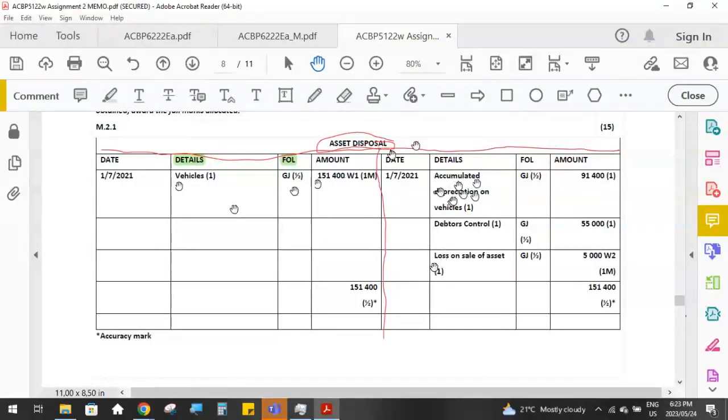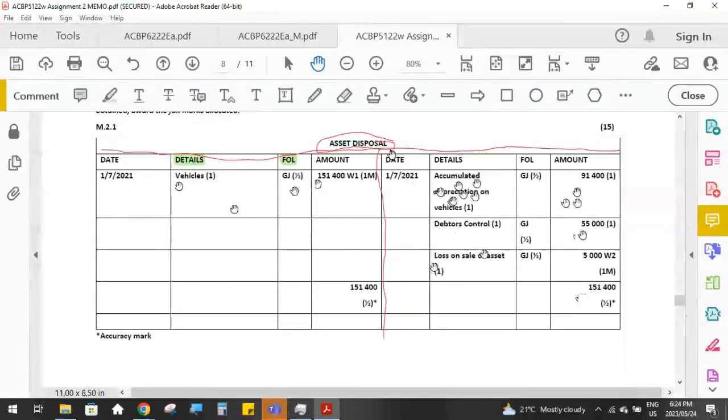And then once we've transferred the carrying value of the asset into the asset disposal account in that manner, we then record the sales price that we received for that asset. In this case, because they aren't going to pay us cash straight away, we are selling the vehicle on credit, we will debit debtors control and credit asset disposal with the sales price.